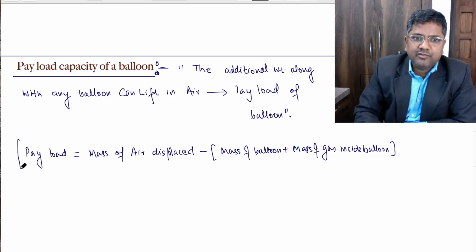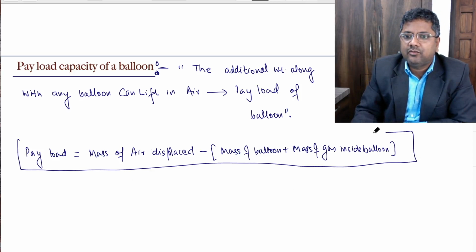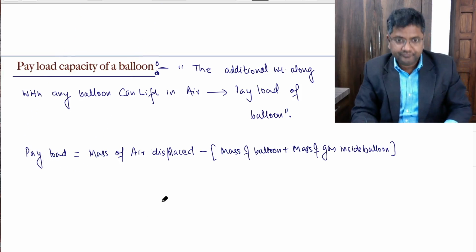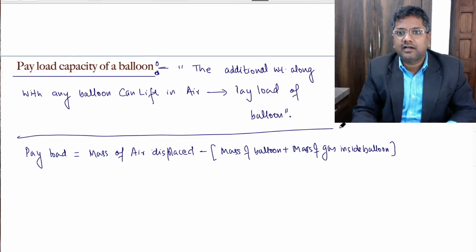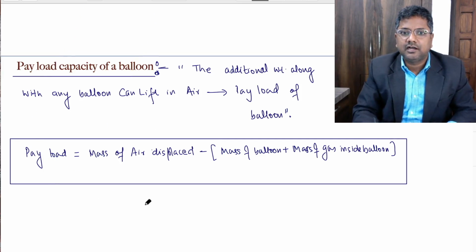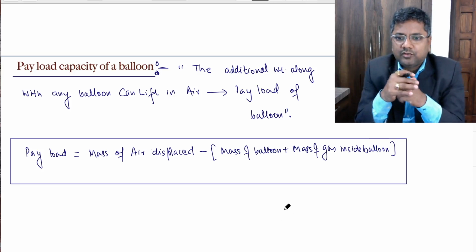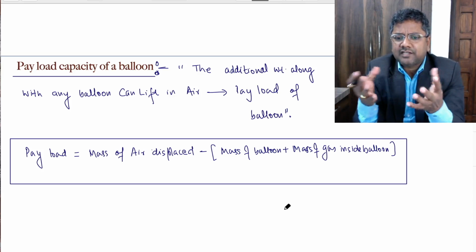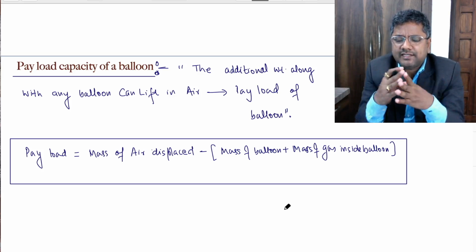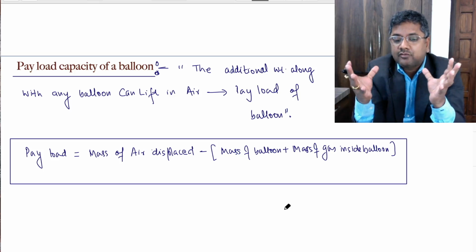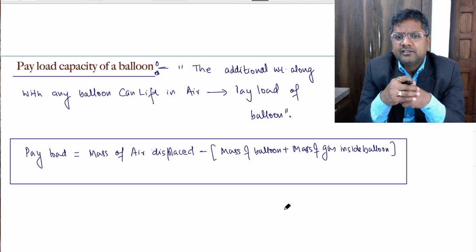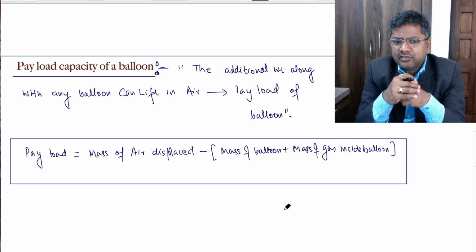So this is the simple formula of payload capacity of any balloon. Sometimes if the mass of the balloon is not given, don't consider that mass. Don't assume from your side the material the balloon is made of. Sometimes the examiner may ignore that mass, so you can ignore it in this formula too.